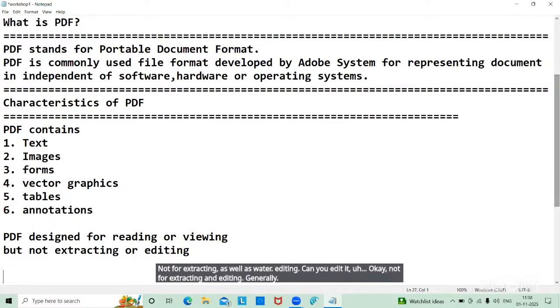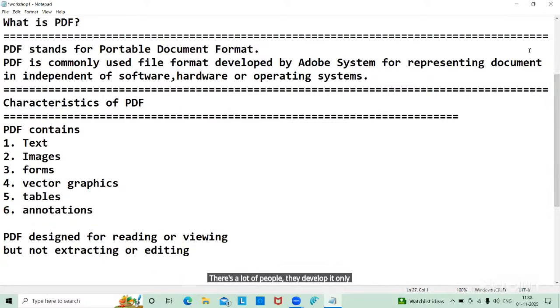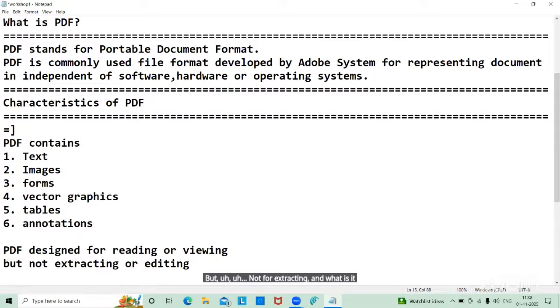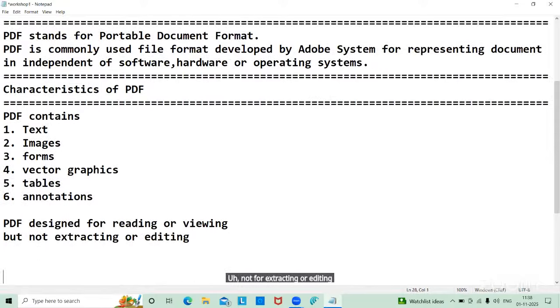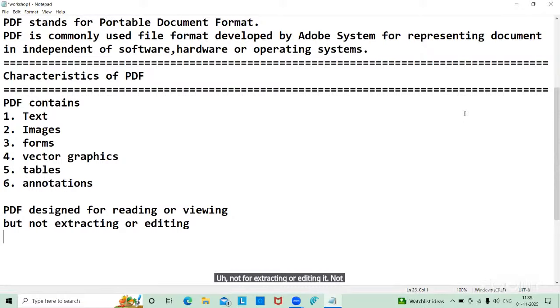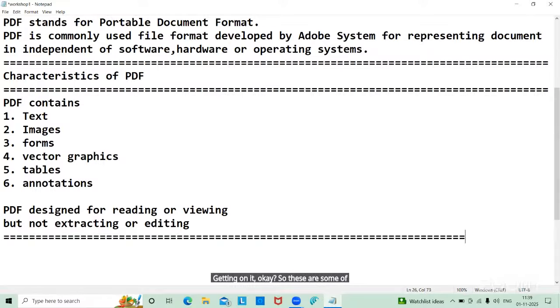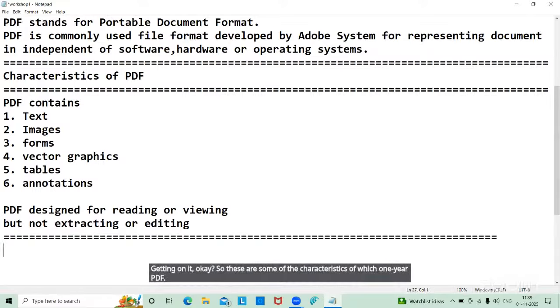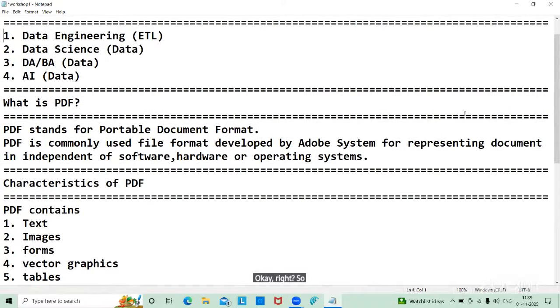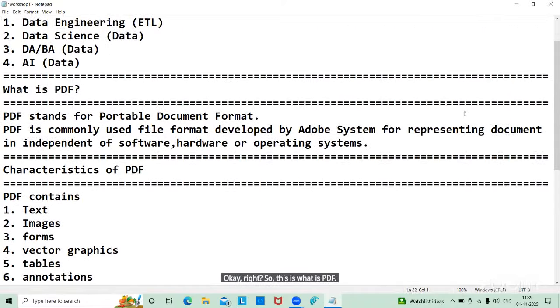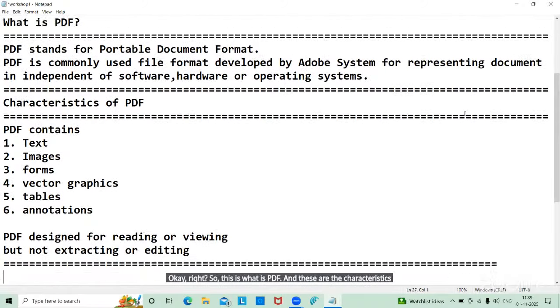Generally, the Adobe people developed it only for reading or viewing, not for extracting or editing it. So these are some of the characteristics of a PDF. This is what a PDF is, and these are its characteristics.